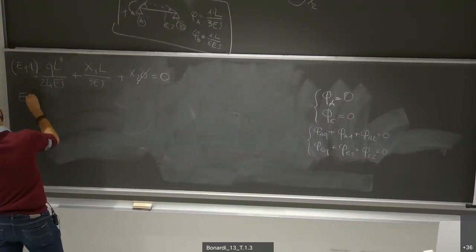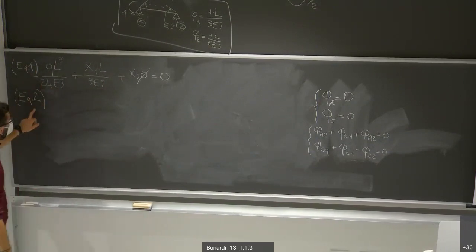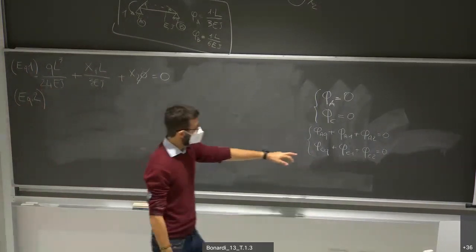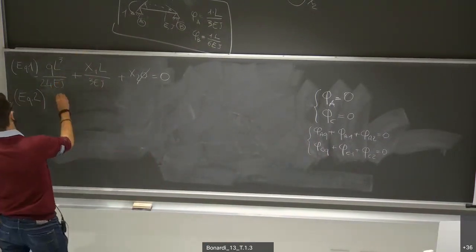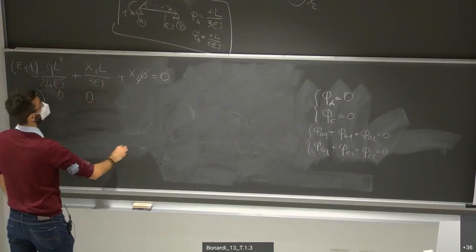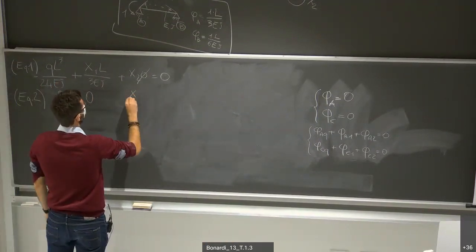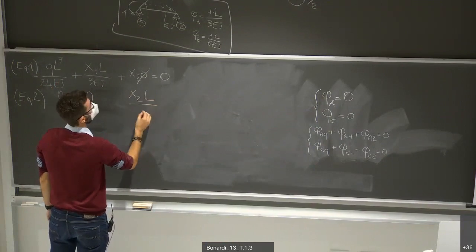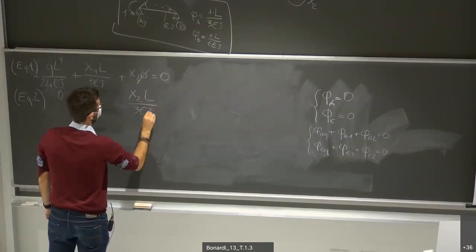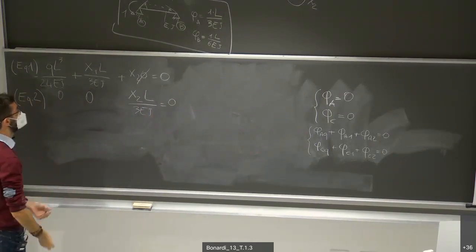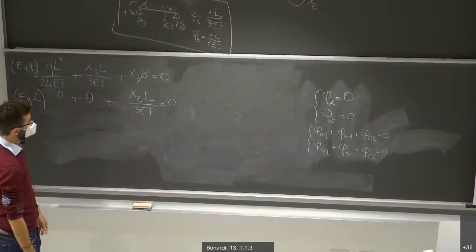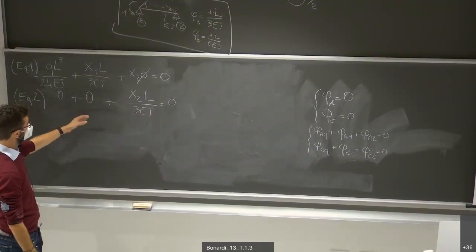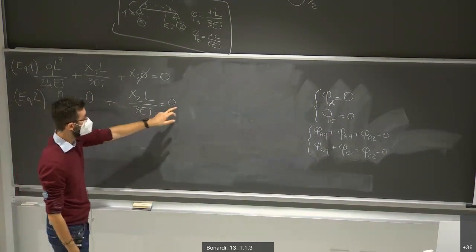Then the second equation is PCQ plus PC1 plus PC2, and we have 0, 0, and the Q divided by L, 3 iota equal to 0. Okay, so plus. So that's trivial. We find that x2 always has to be equal to 0.